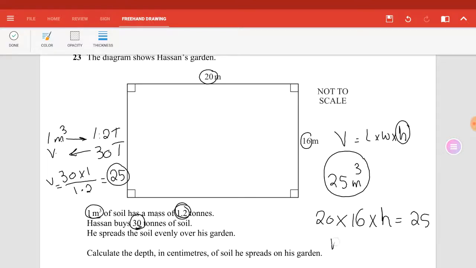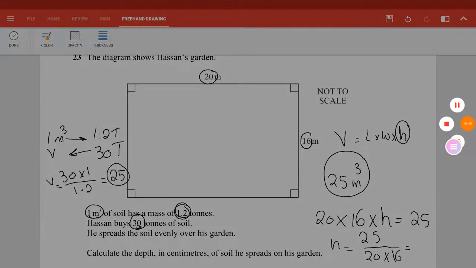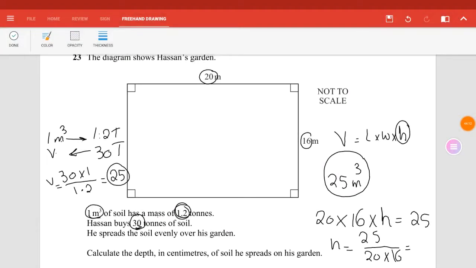Now the height is 25 divided by 20 multiplied by 16. It's 0.078 meters.